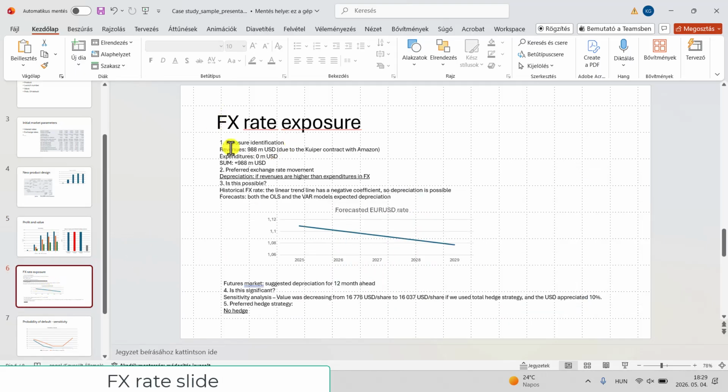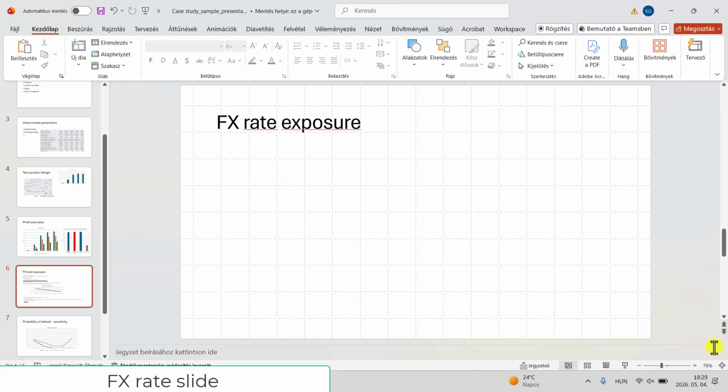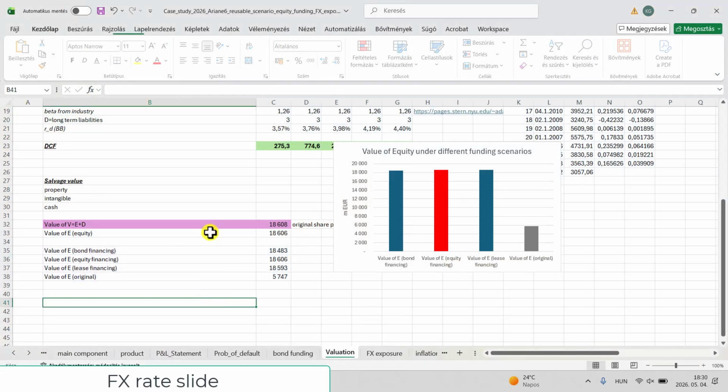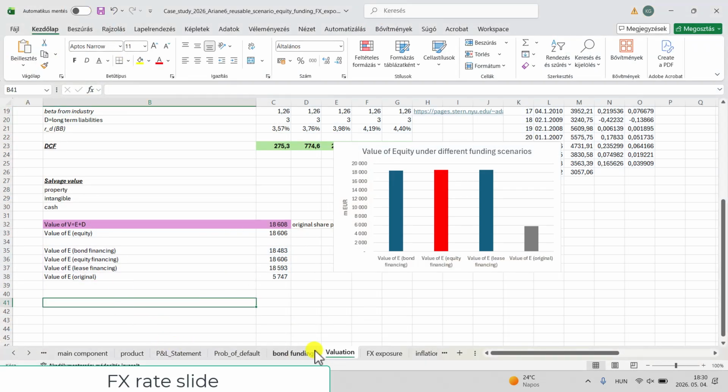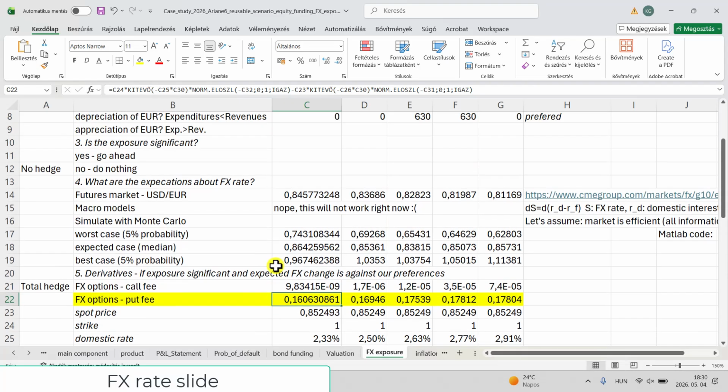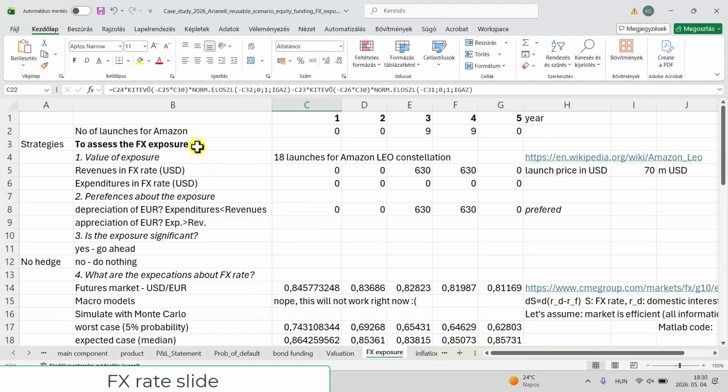Then foreign exchange exposure. So okay, what we can do here is, let's go back to foreign exchange exposure. Then here we have to say that, oh, we can just copy everything.